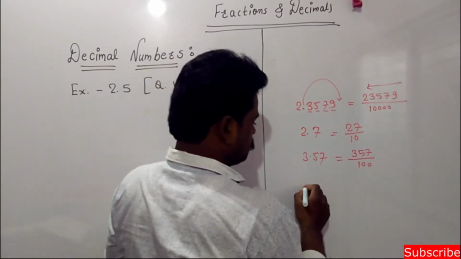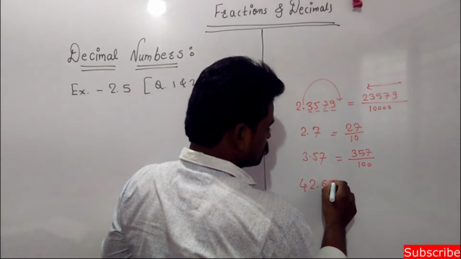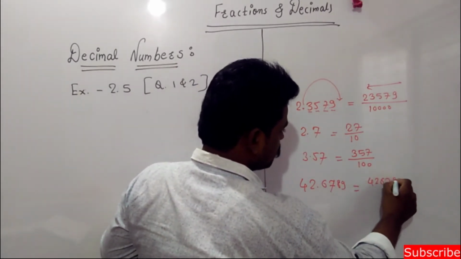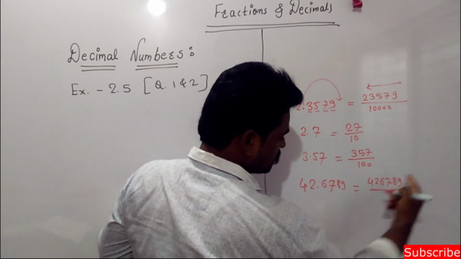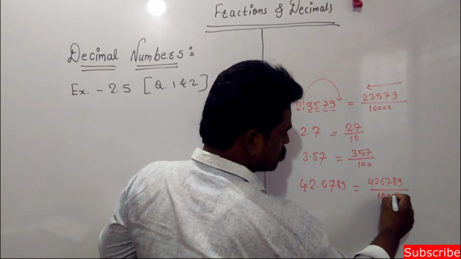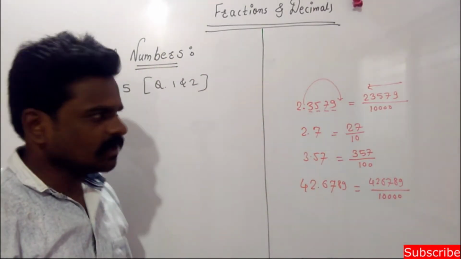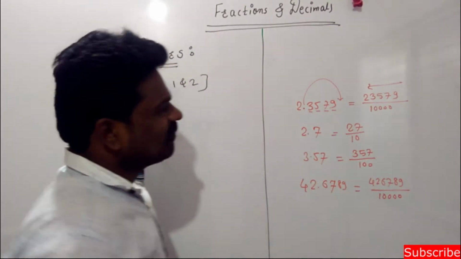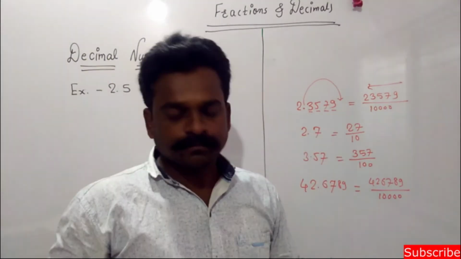How can we write this one? 42.6789 is equal to 426789 divided by 1 followed by 4 zeros, because by 4 digits we have shifted the decimal point. So we can express our decimal number in fractional form in this way.